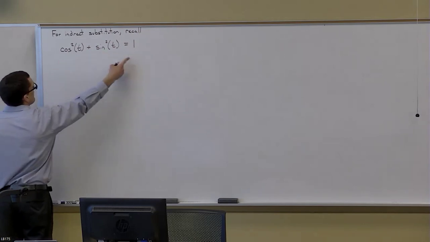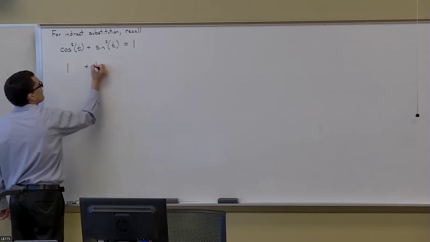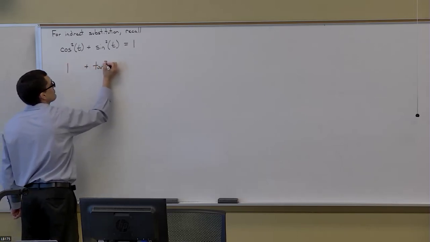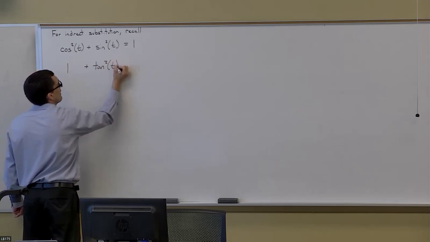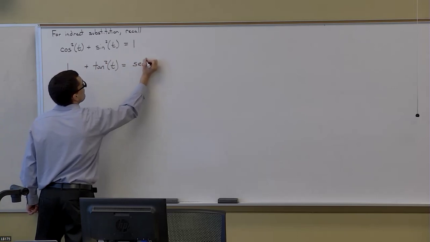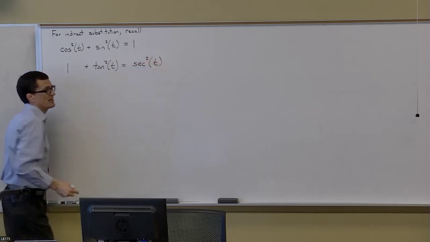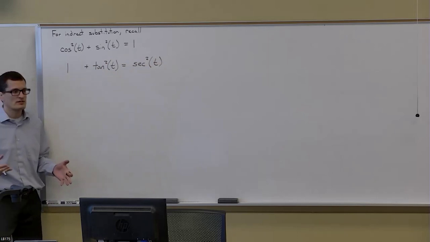If I divide everything by cosine squared, I get 1 plus tangent squared equals secant squared. Now I'm using the t in there because we're in parametric form here.